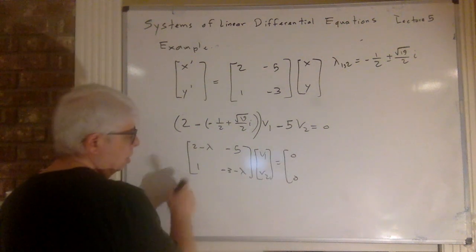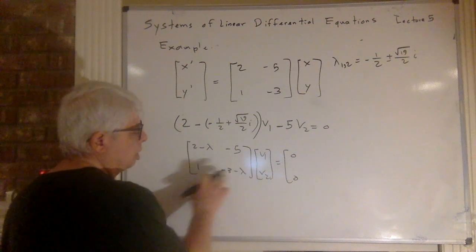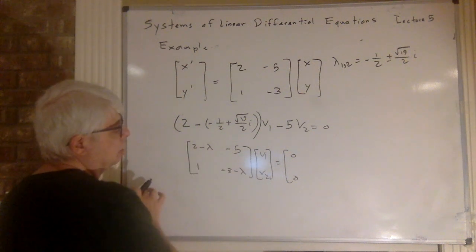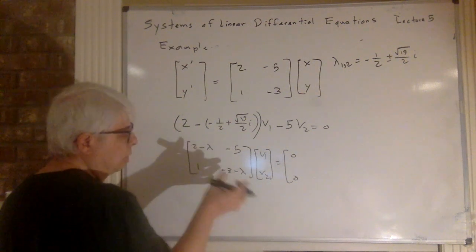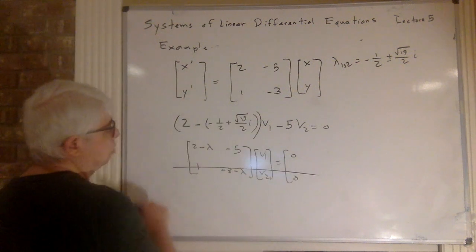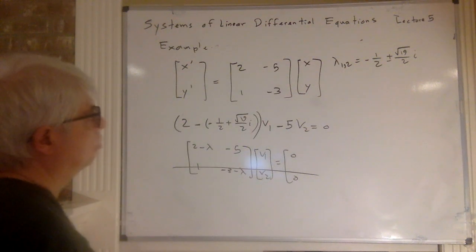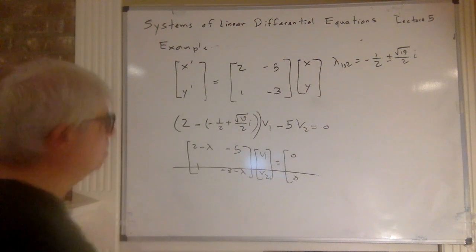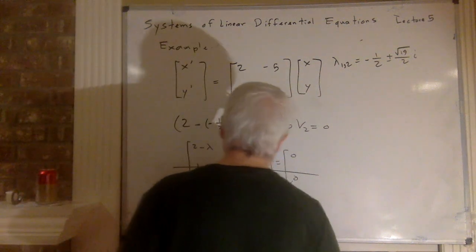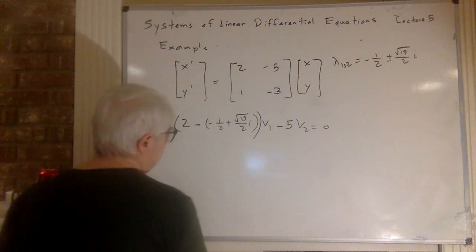And because I set the determinant to 0, it means that the second row is a multiple of the first one. So let's just get rid of the second one, and I wrote down the first one with lambda being minus 1/2 plus the plus. Okay, so that's what I did here.